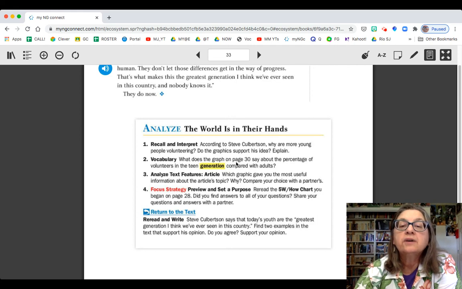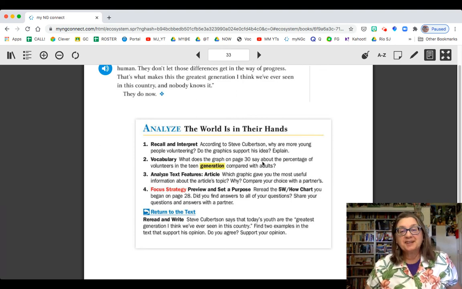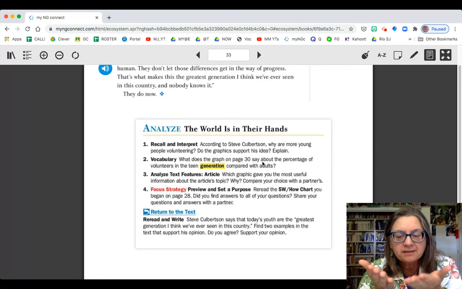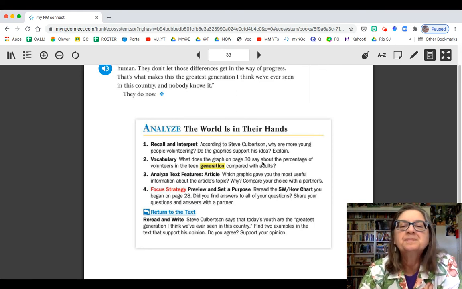And what does the graph on page 30 about the percentage of volunteers in the teen generation say? When you're looking at that graphic, 55% of teenagers, but only 30-something of adults, or not even 30, it was 29, I think. What does that say about teenagers compared to adults? And which graphic gave you the most useful information here?